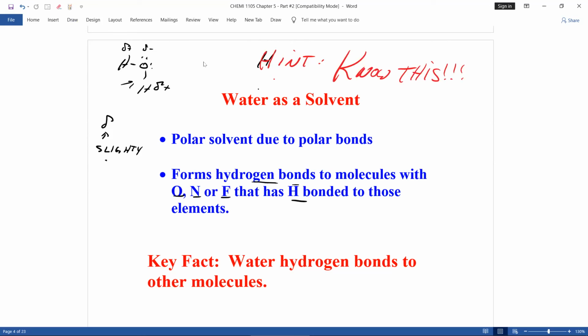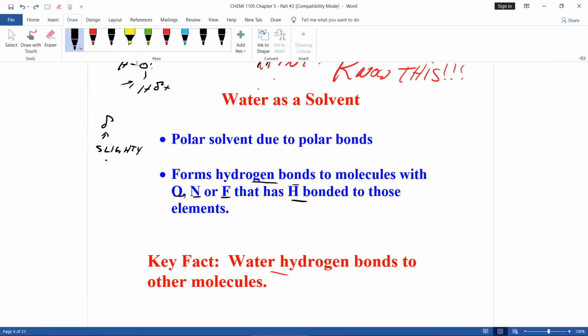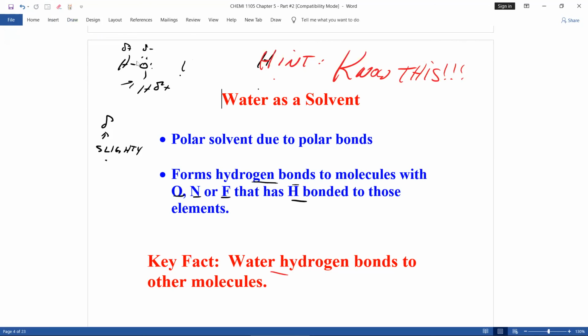You should know this. So water forms what's called a hydrogen bond to other polar things. And if we had another water molecule, notice the oxygen has a slight minus charge.